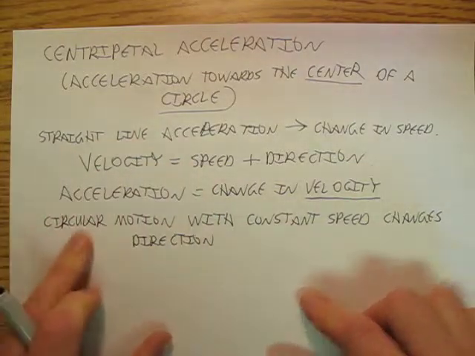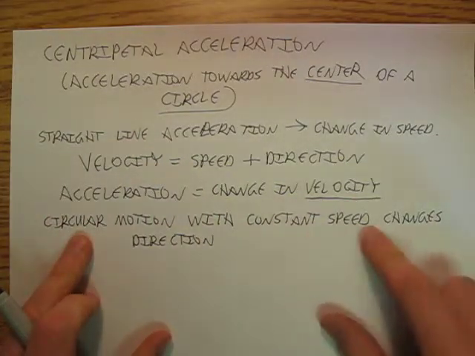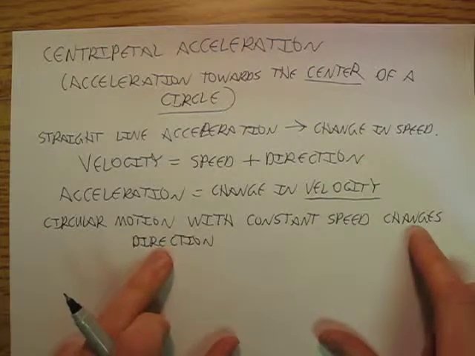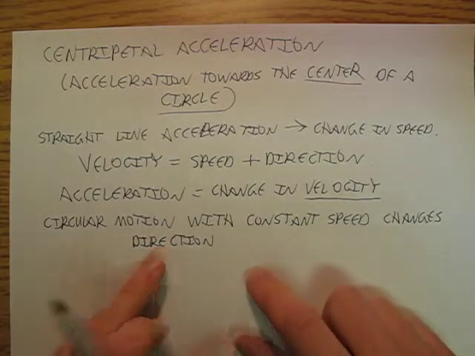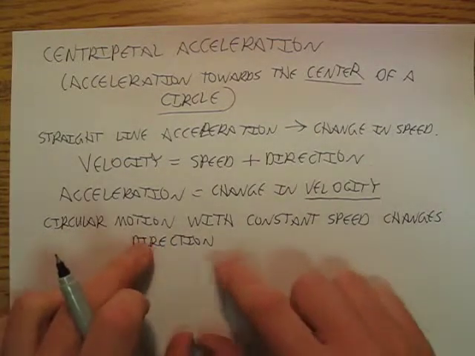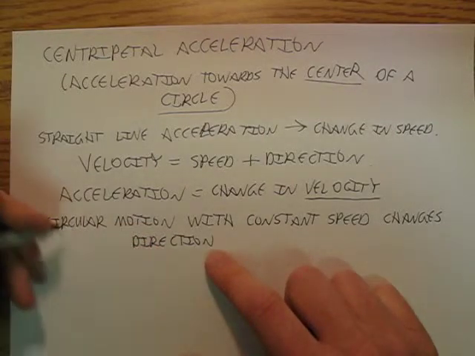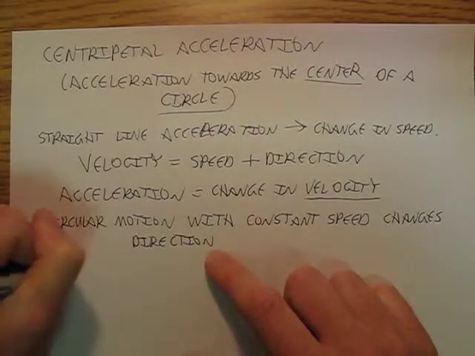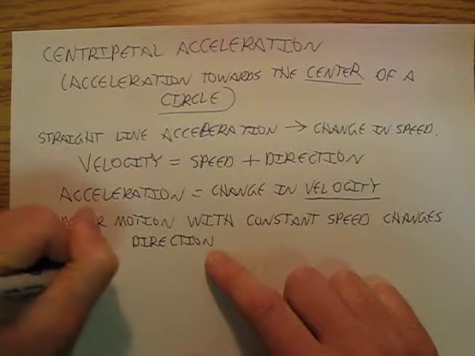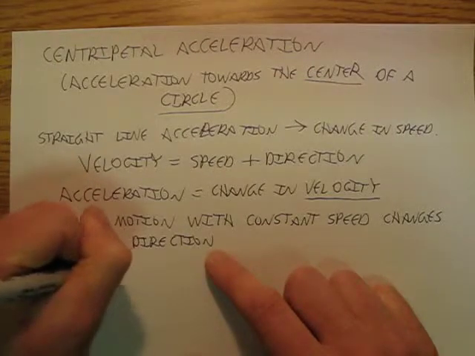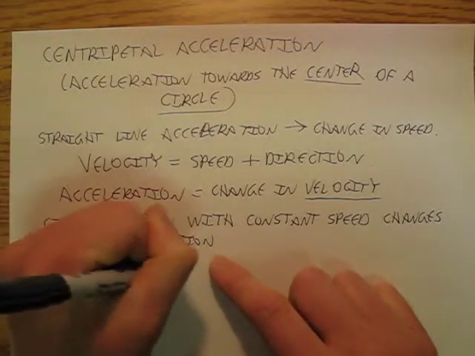So we're going to do circular motion, where we have a constant speed but change the direction. That change in direction with a constant speed gives us what we call centripetal acceleration.